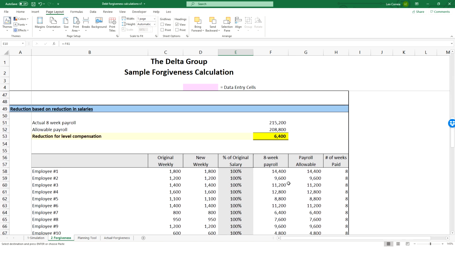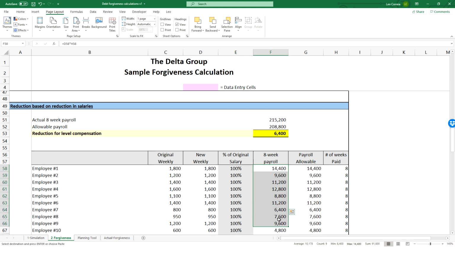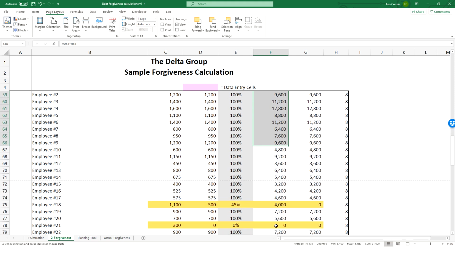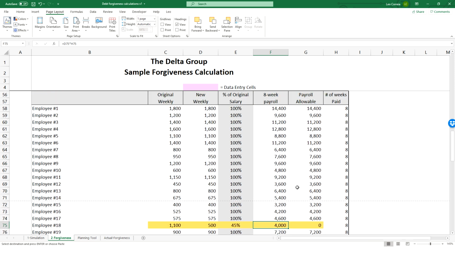The last calculation is the 8-week payroll time frame. So what we have is what the actual payroll is, and it is the calculation based on, for example, what this person worked 8 weeks only at $500 a week, but as far as allowable, zero of it is allowable because that person's payroll was reduced by more than 25%.